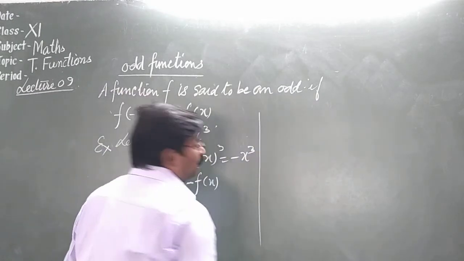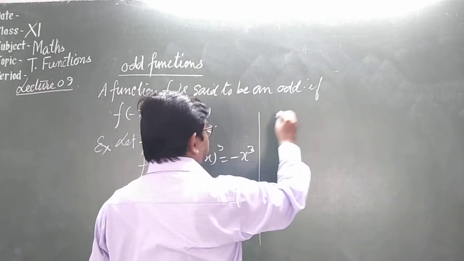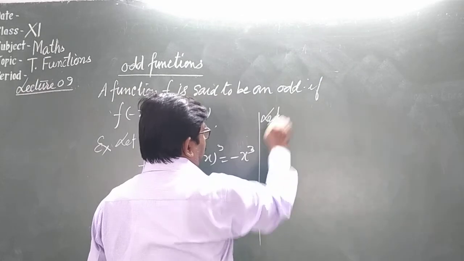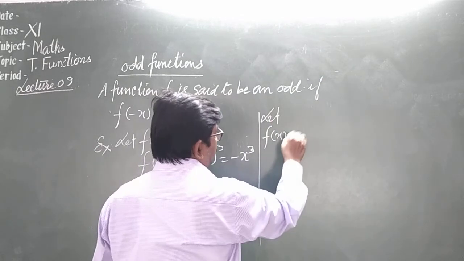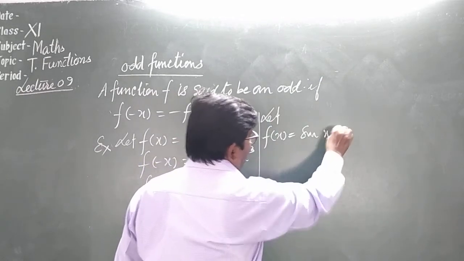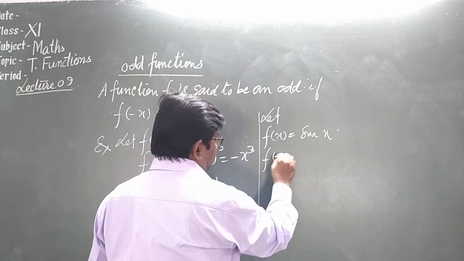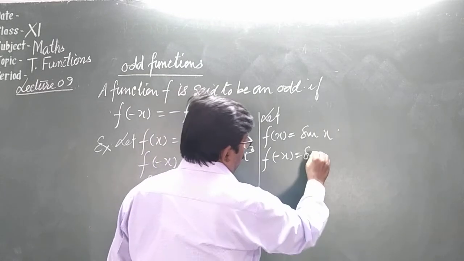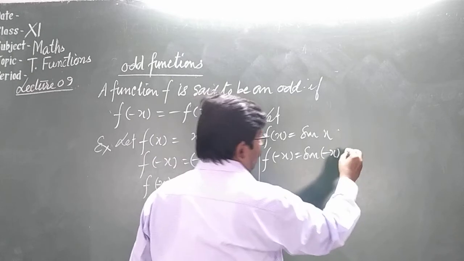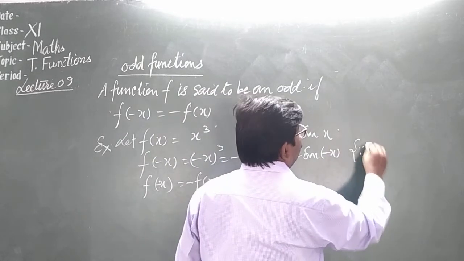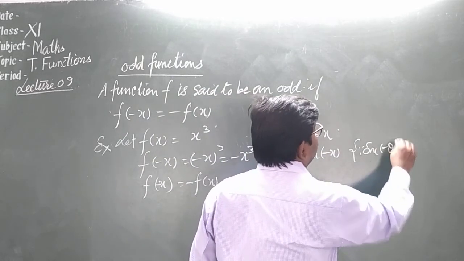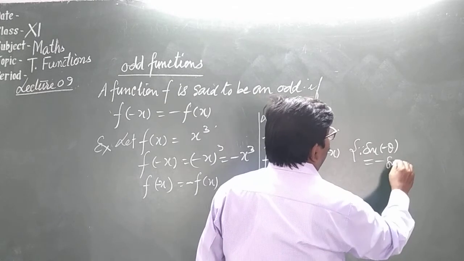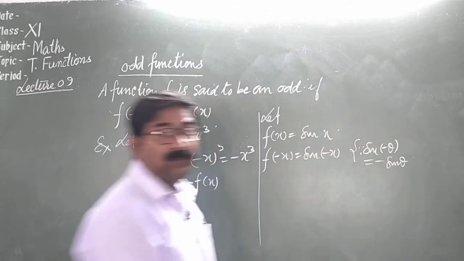One more example we can see. Let f of x is equal to sin x. So f of minus x is equal to sin of minus x, and since sin of minus theta is equal to minus sin theta, this is the formula.